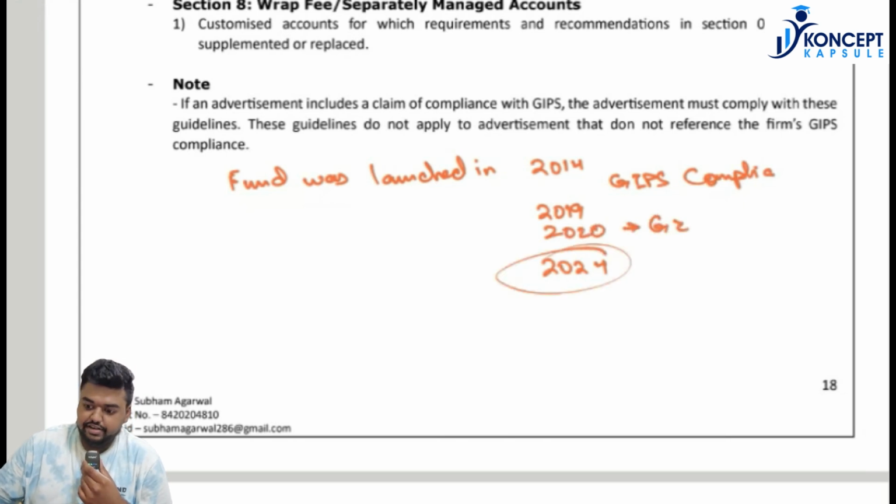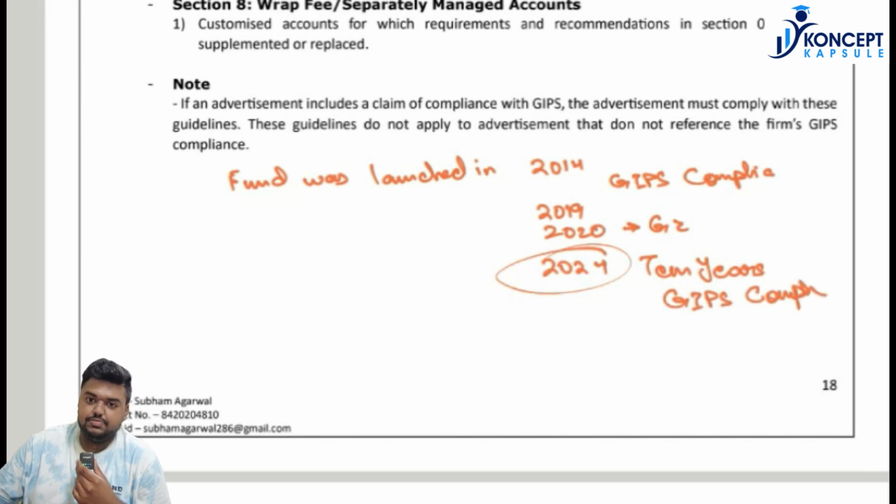In 2024 they will have to show 10 years of GIPS compliant investment returns, right? Now what will happen in 2025?